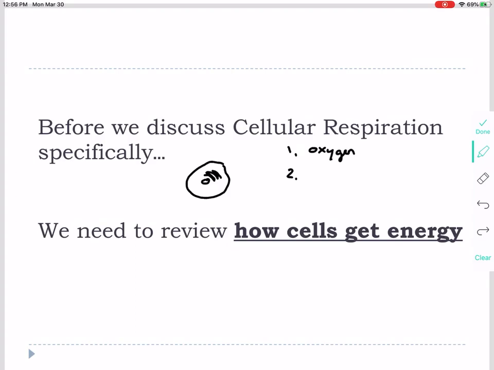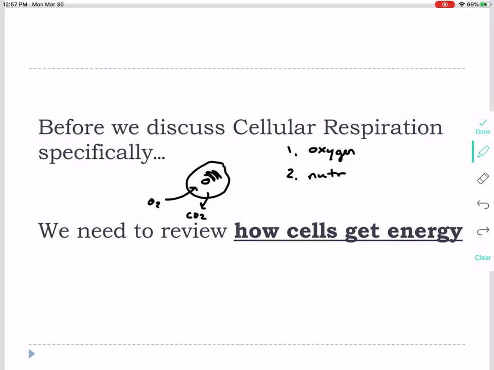Well, most of the time they need oxygen. So we need to have oxygen going in, and we also need to be getting rid of CO2. And we talked about that in the respiratory system. So think back to this semester. One of the things that every working cell needs is oxygen, and we need to get rid of CO2.